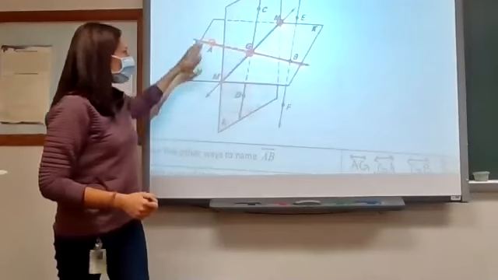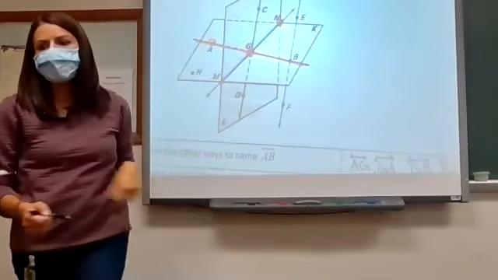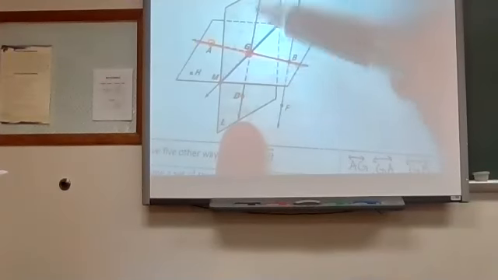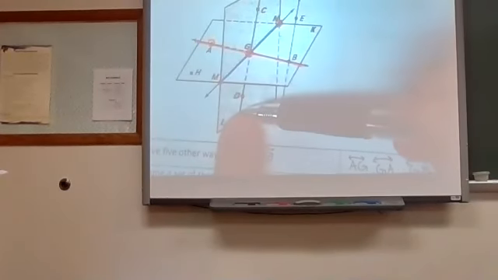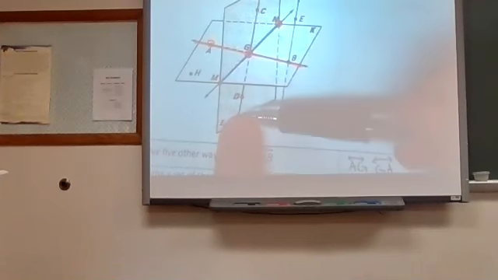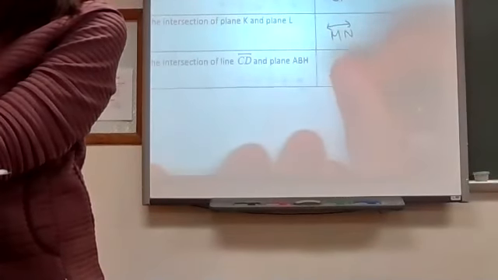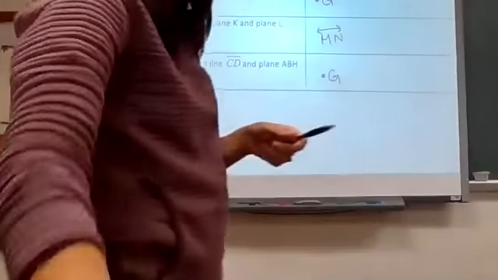A, B, and H, that's plane K. So it's asking, where does this plane and line CD, which is here, intersect? Is CD on that plane? No. So CD is only hitting that plane at point G. Good. Okay.